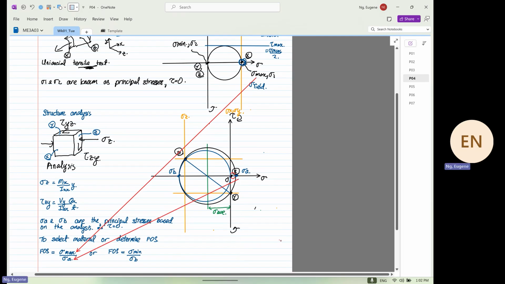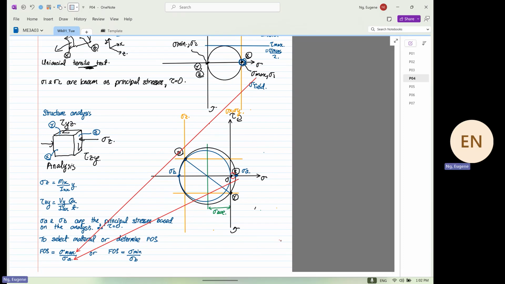We are comparing stress A that has 0 what? Are we clear? This is how we calculate the factor of safety and determine the type of material. Are we clear? Does it make sense now?